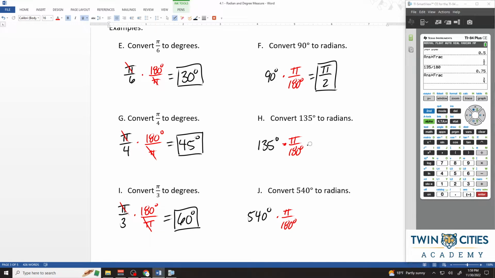So this is 3 pi over 4. All right, lastly, 540 over 180. That's just a clean 3. So this is 3 pi.